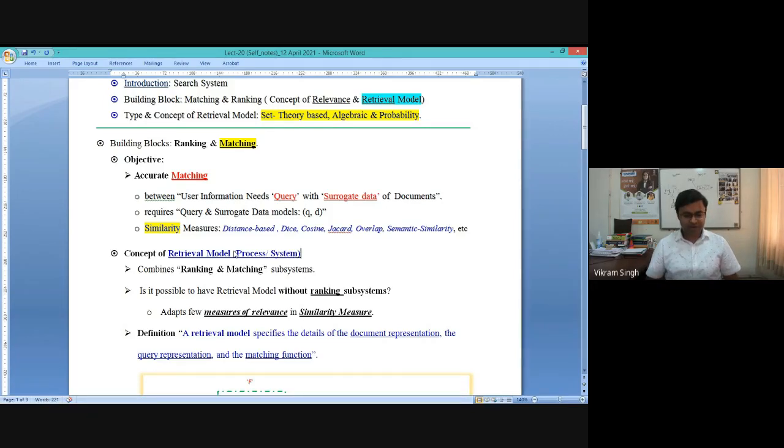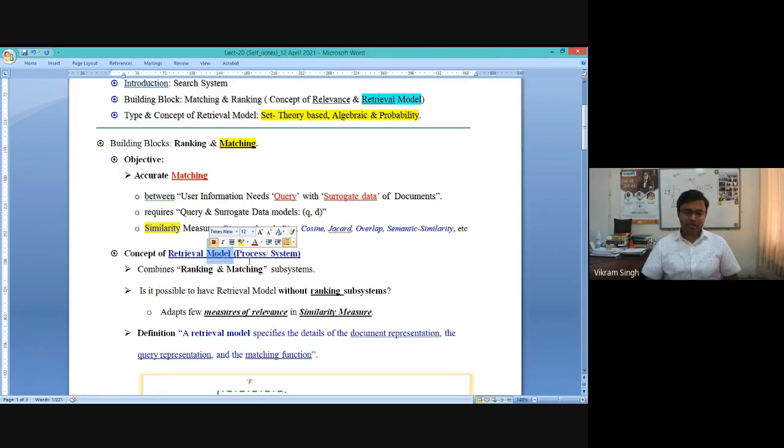I'm saying it is a model because whenever we say model, it means it is a representation or an implementation of an idea or a particular conceptualization. So when I say retrieval model, it will have some mathematical form, mathematical equation, mathematical expression, which models a conceptual understanding, right?